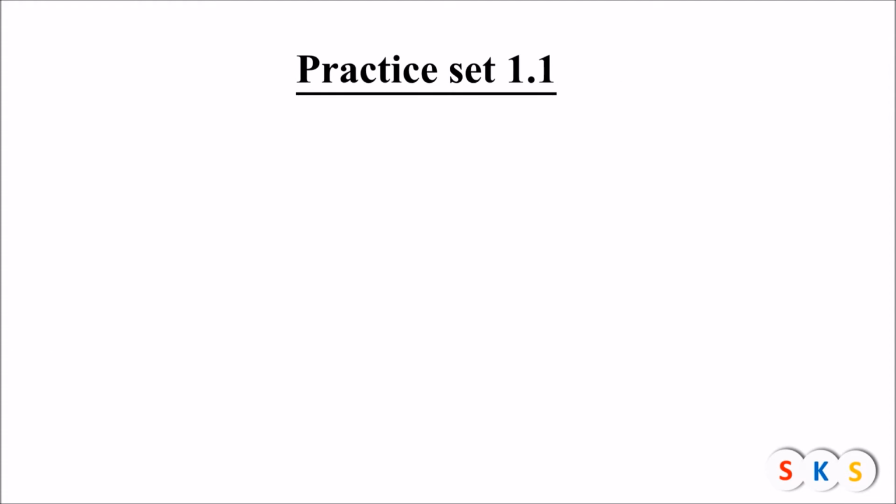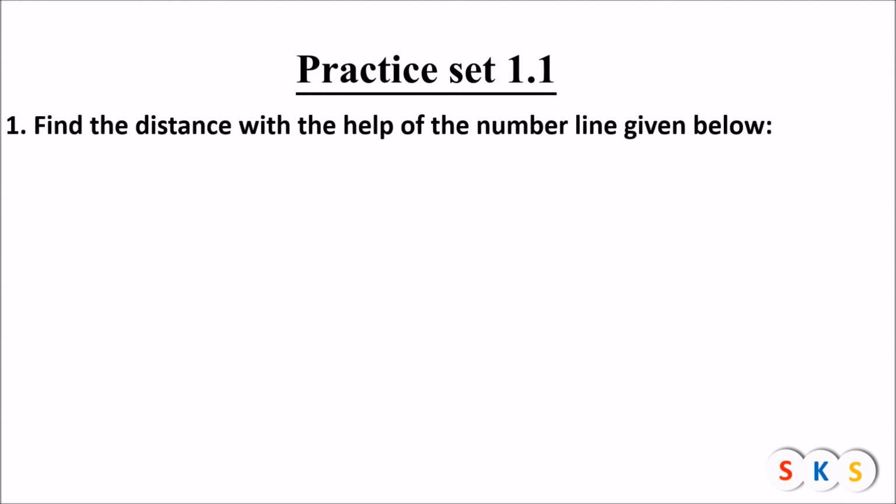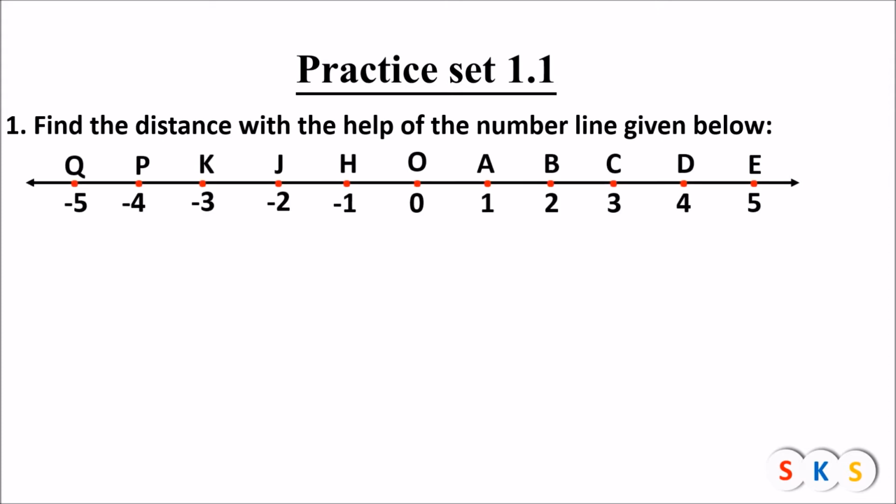Now we will see practice set 1.1. In that we have the first question, find the distance with the help of the number line given below. Here we have a number line. In that the first question is, find the distance between point B and E. That is distance BE. So look at this number line.